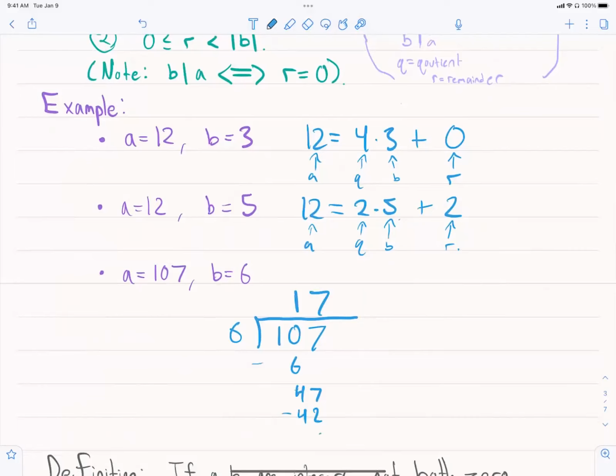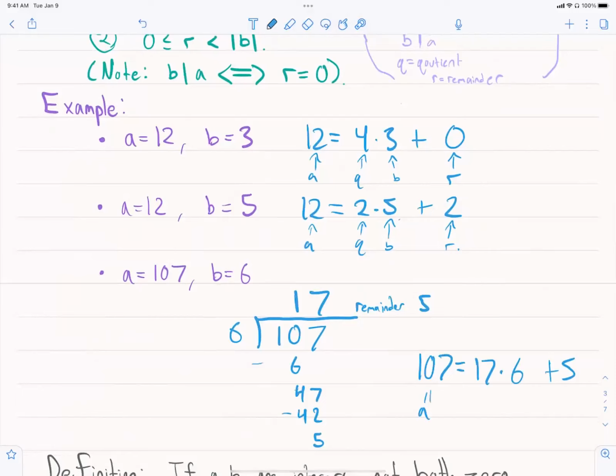I'm left with just 5, and I'm in the last spot, and 5 is less than 6, so I can't do anything else, so the remainder is 5. If I rewrite this out, I get 107 is 17 times 6 plus 5.